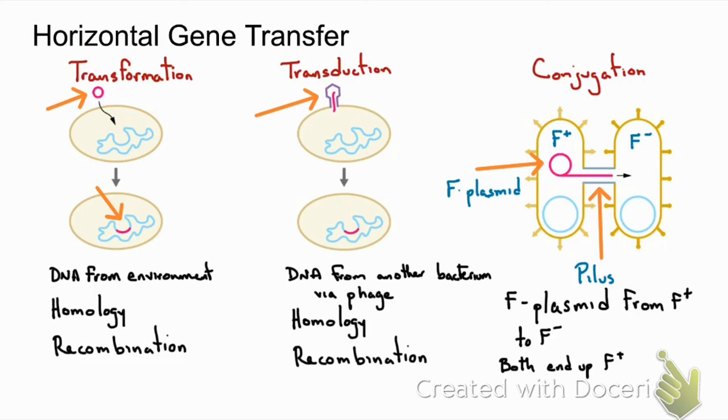So to summarize this point, why do we include this conversation of horizontal gene transfer when we talk about mutations? Well, it's kind of a wholesale mutation. It's not because of spontaneous mutations or mutations triggered by mutagens like we saw in our previous lecture.